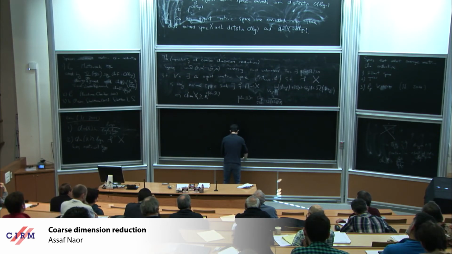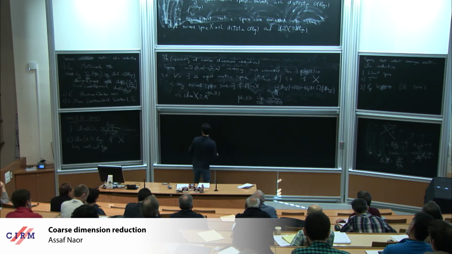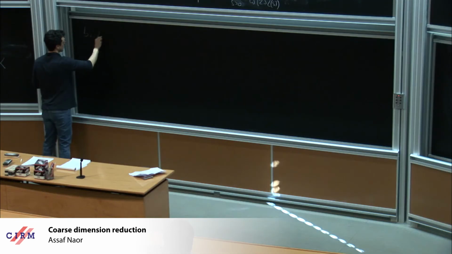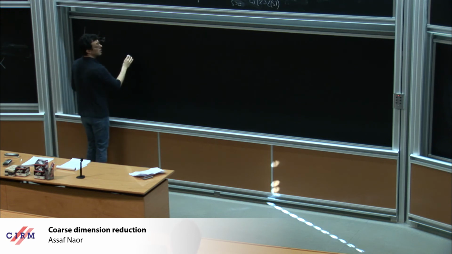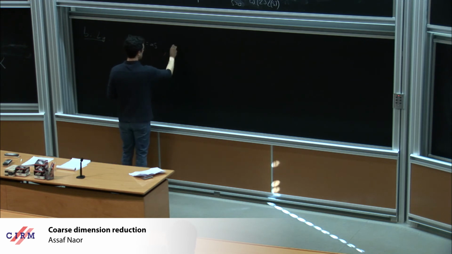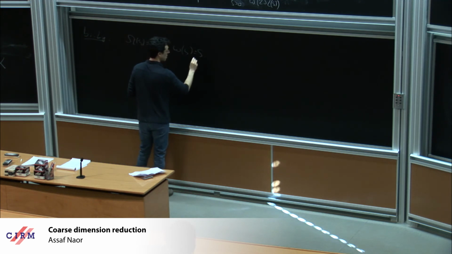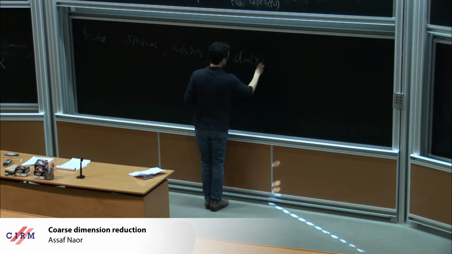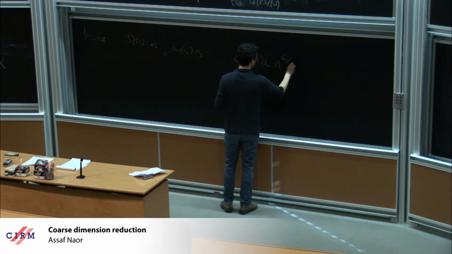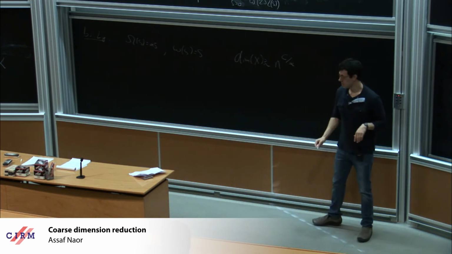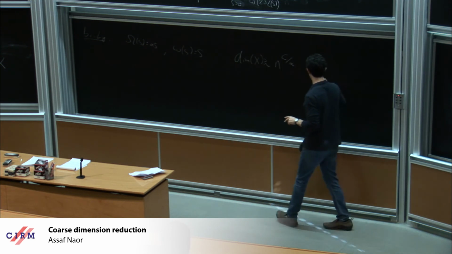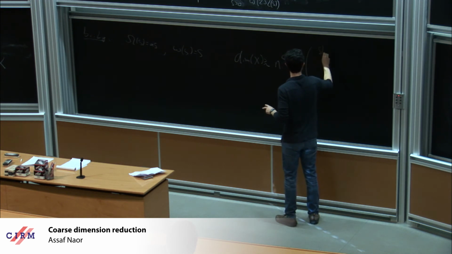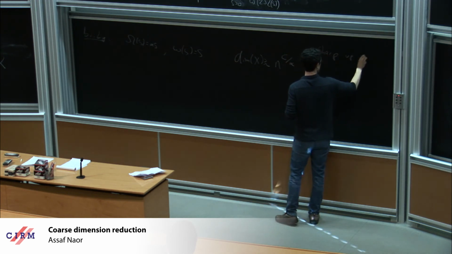So what Matoušek proved is the Lipschitz case, where capital omega of s is alpha s, and little omega of s is s, and then this becomes: the dimension of X is at least n to some universal constant over alpha. Okay, and this is sharp, up to the value of the constant.